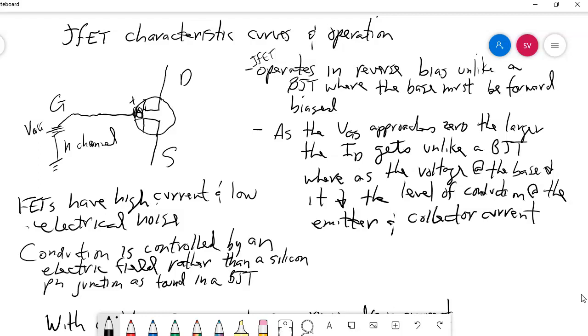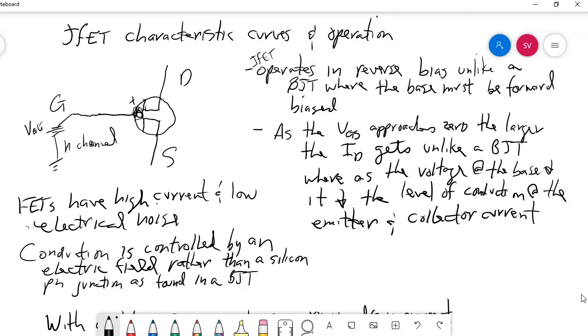Unlike a bipolar junction transistor, where as you increase the base voltage, or VBB, which would be analogous to this end of the transistor, you get more collector current and emitter current going through your transistor circuit.